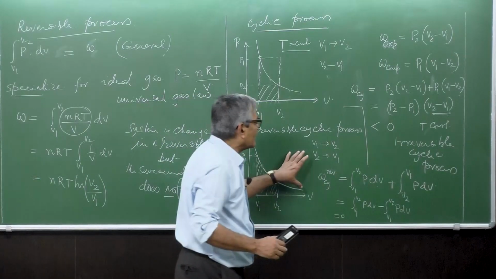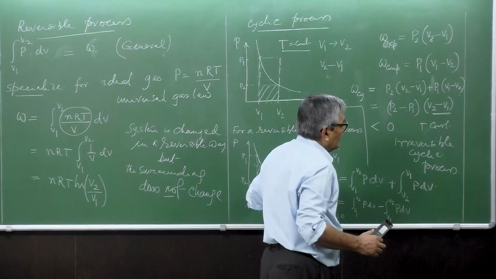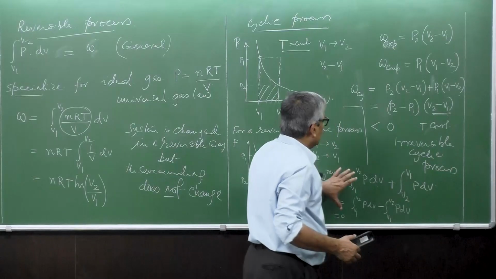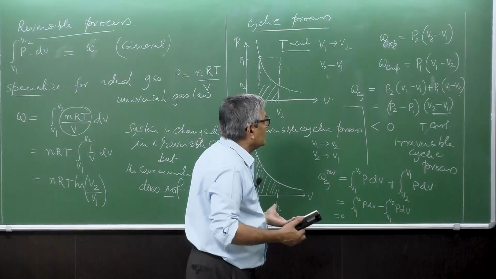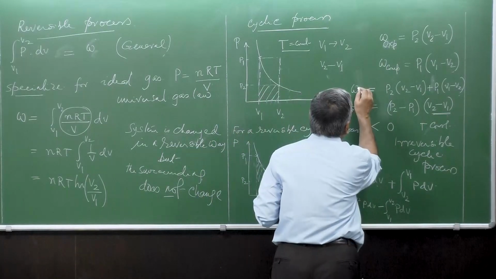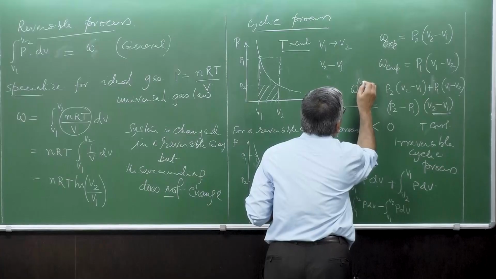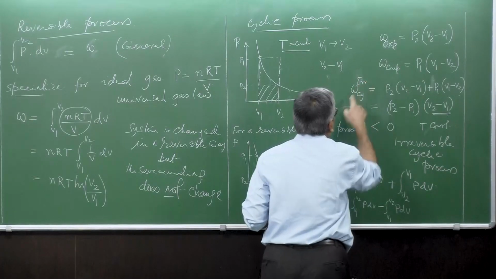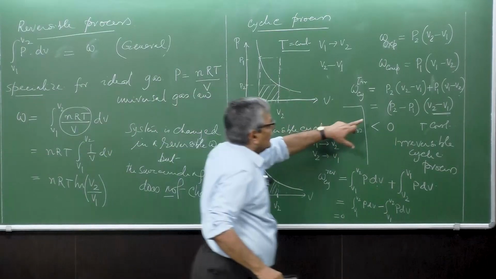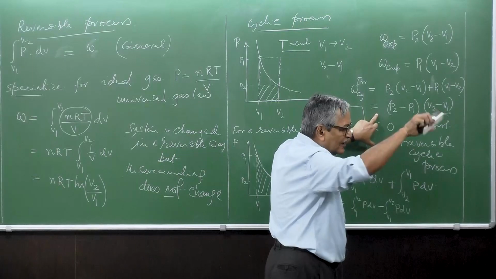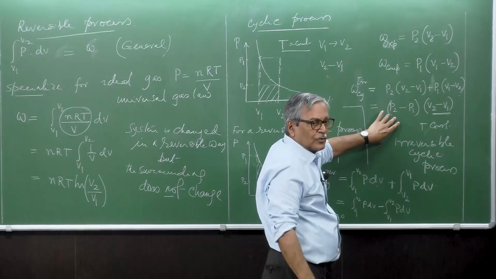That is, no loss, no gain; the total work done is 0. But here you see, for the irreversible cyclic process, under isothermal condition, the work done over an entire cycle is a negative quantity.